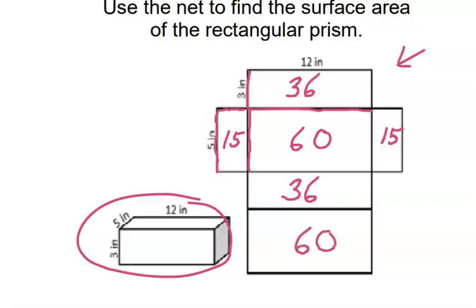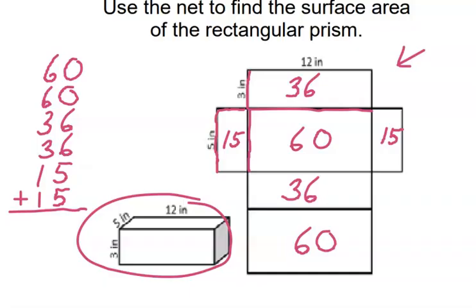So basically, we're going to add up 60 plus 60 plus 36 plus 36 plus 15 plus 15. So let's do that. We have 0 plus 0 plus 6 plus 6. 6 and 6 is 12. 12 plus 10 is 22, right? So we're going to put a 2 here, put a 2 up top. Well, actually, 6 times 3 is 18. 19, 20, 21, 22.